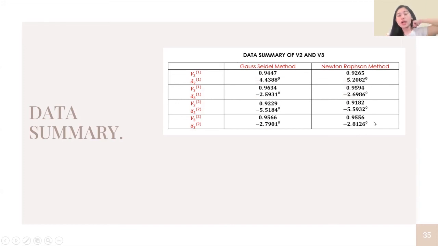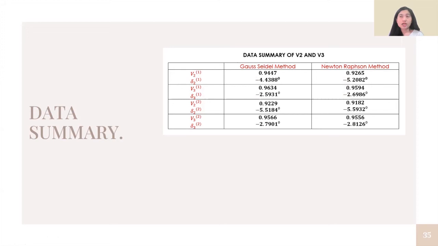So if we are to analyze this, we can conclude that if we manually solve for Gauss-Seidel and Newton-Raphson with the same given values or table of values, we will arrive at a discrepancy from each other because we have different processes to undertake.